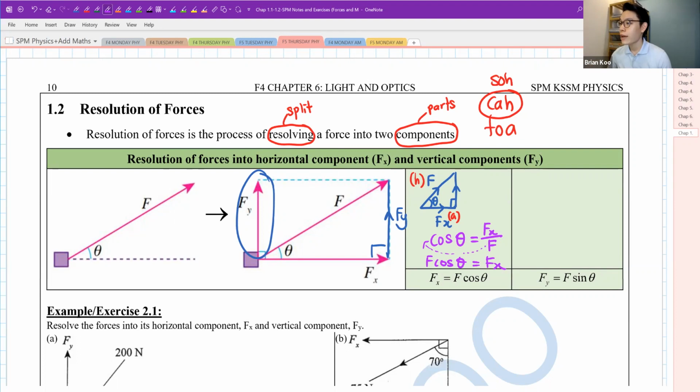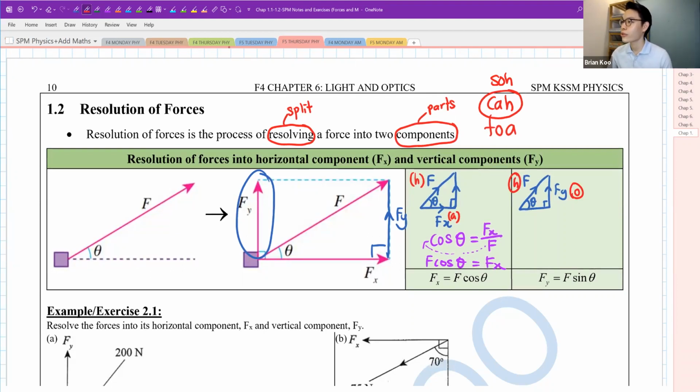And then to find out Fy, I'm going to do the same thing. Okay, I have theta here, right? I'm focusing on Fy and also F only right now. I don't want to look at too many things. I have the hypotenuse. I have the opposite side. Which one should I use?